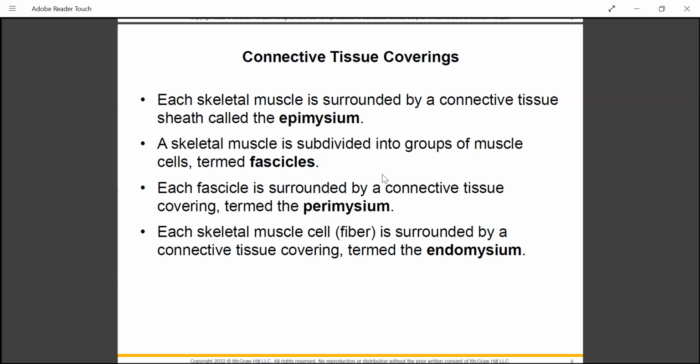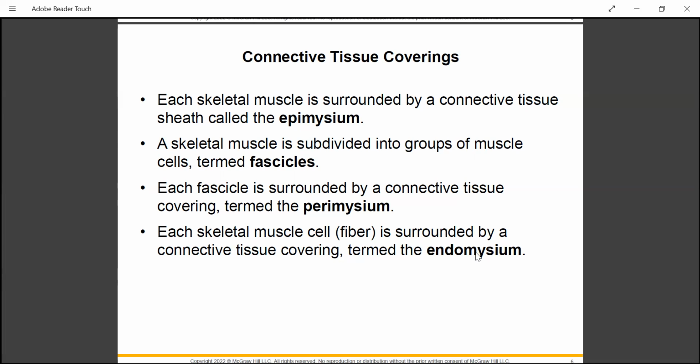So our skeletal muscle cells are called a muscle fiber. They're surrounded by a tissue covering, which we call our endomysium. So think endo means inside. So endomysium is all the way deep in the muscle. So each individual muscle fiber is surrounded by an endomysium.